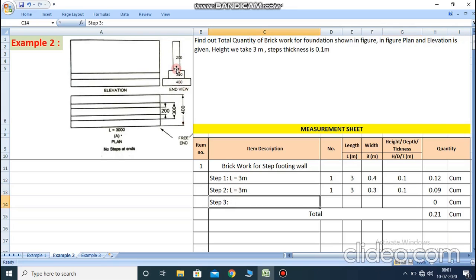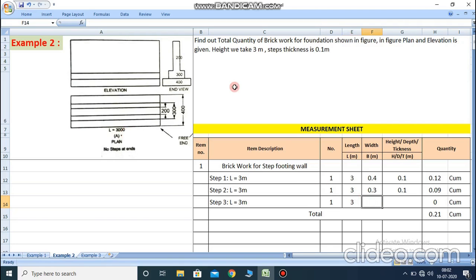Now we take the third step, which is 200 mm width, and height we take 3 meter. Clear? So here we write length L is equal to 3 meter. We take number as wall 1, length is 3 meter, already given in the plan part as 3000 mm, means 3 meter.